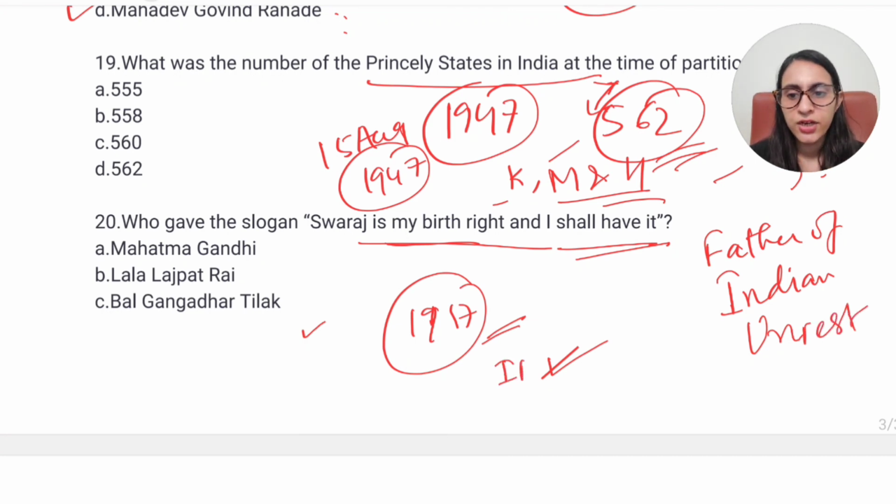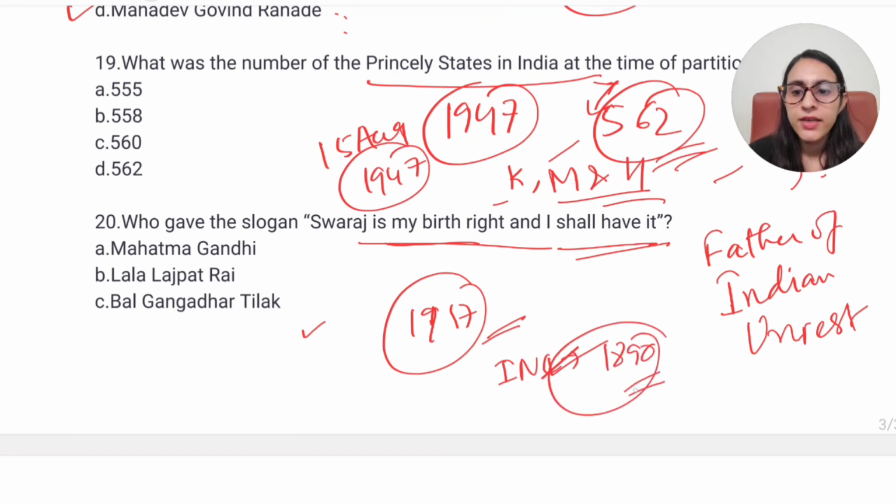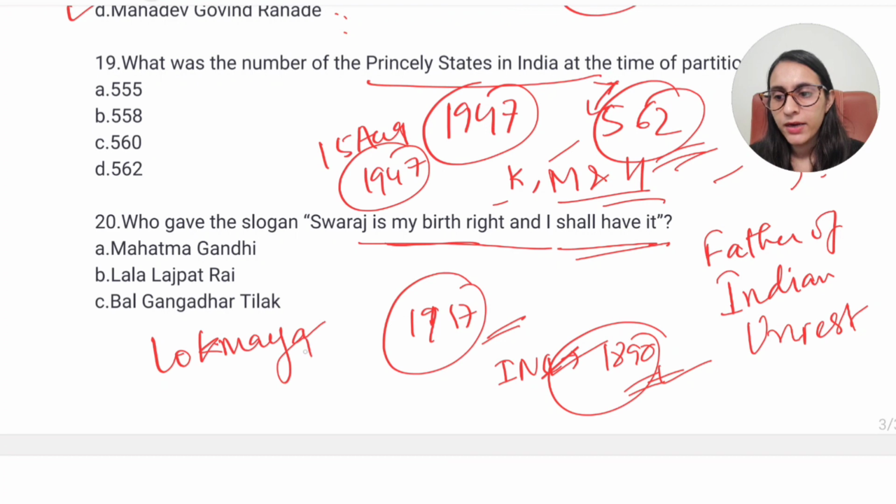He joined the Indian National Congress in 1890 and became a part of the freedom struggle. His aim was to unite the people against the British, and he was soon conferred the title of Lokmanya. Lok means people and Manya means acceptance.